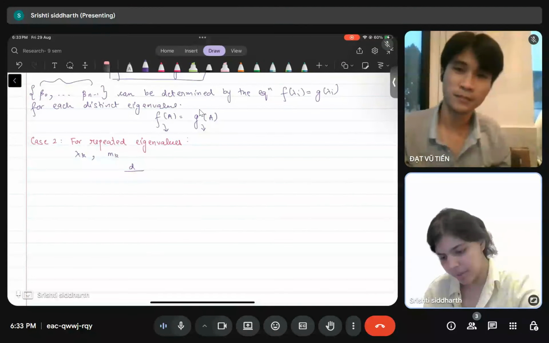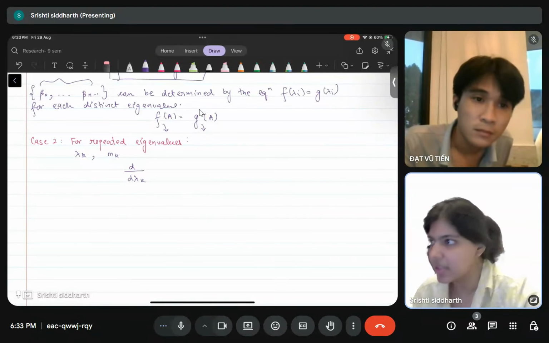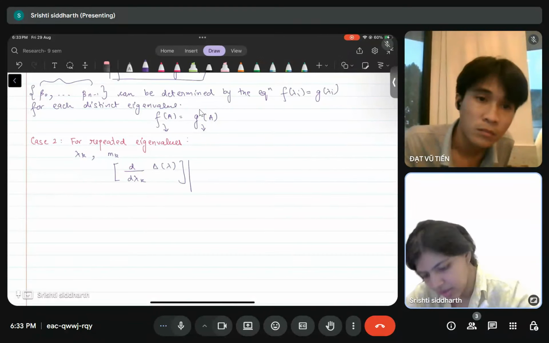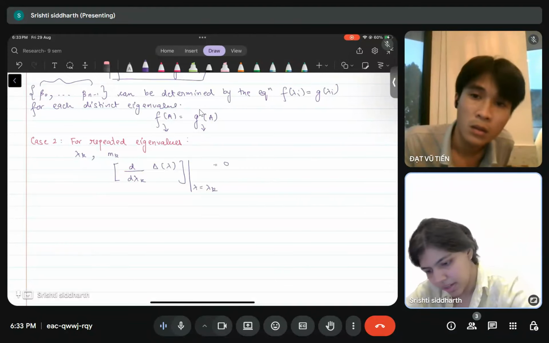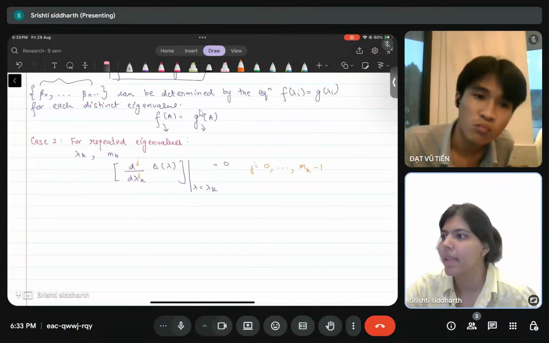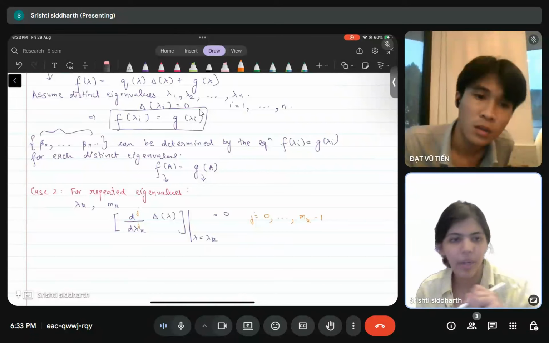This means that the derivative d by d lambda, evaluated at lambda equals lambda k, is 0. And if it repeats mk times, let's say this is the jth order derivative, and j goes from 0 to mk minus 1. So this is to find out what these beta naught to beta n minus 1 are.